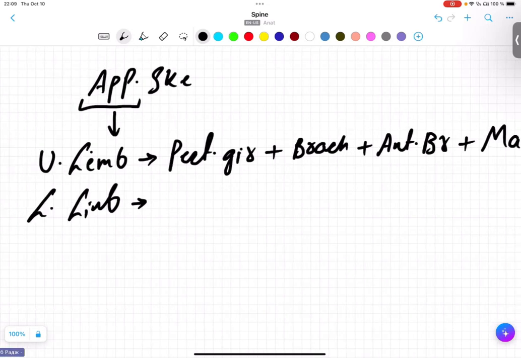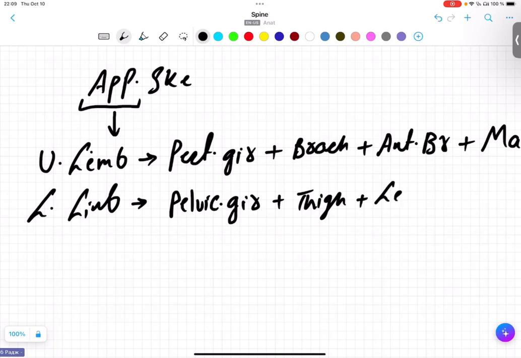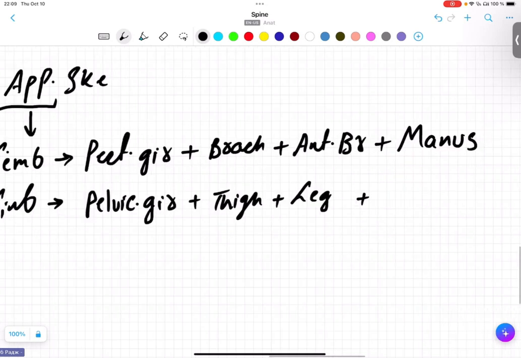In the lower limb, you will have pelvic girdle, bones of thigh, bones of leg, and bones of foot, right?